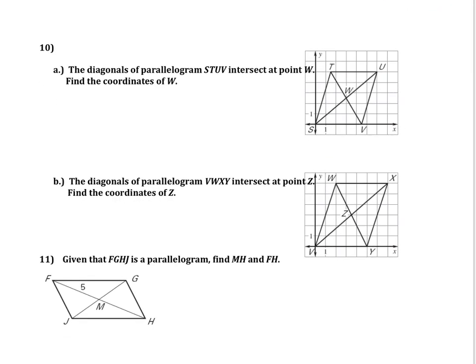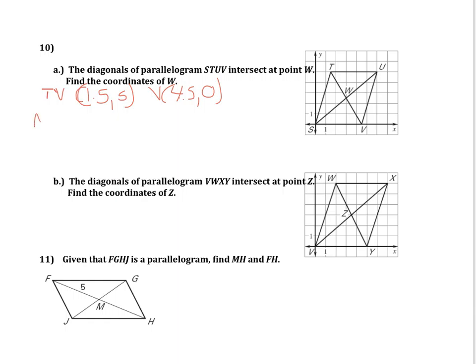Number 10A, the diagonals of the parallelogram intersect at point W. Find the coordinates of W. So I'm going to find the midpoint of TV. T looks like it's 1.5, 5, and V, I believe I have at 4.5 and 0.